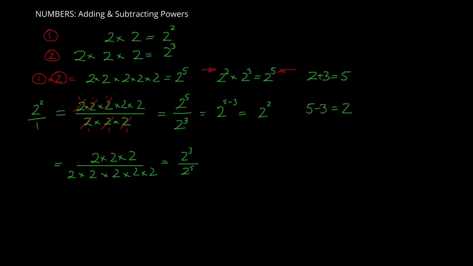Yet again, that first 2 will go with that first 2 on the bottom, that next one will go with that one, and that one will go with that one. Again, let's cancel them down to 1. Now, what are we left with? Well, on the top, we've just got 1, and the bottom, we've got 2 squared. Not surprisingly, really, if you compare that with the line above, we've just turned everything upside down.